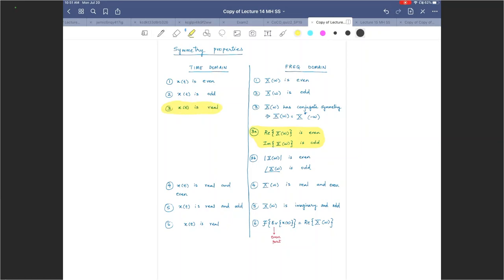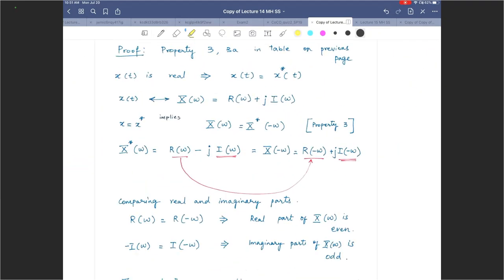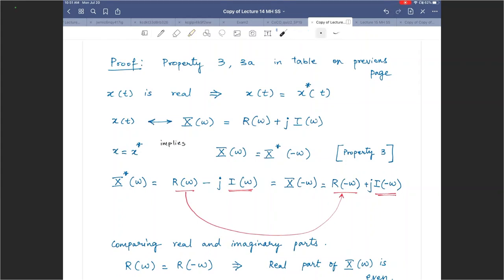X of t is real, then the property says it is going to have conjugate symmetry. And we are trying to see that if it does have conjugate symmetry, does it mean that the real part of the Fourier transform is even and the imaginary part of the Fourier transform is odd or not? We are trying to prove that. So let's go back to this and take a look. We know that if x of t is real in time, then x of t should be the same as x complex conjugate of t.